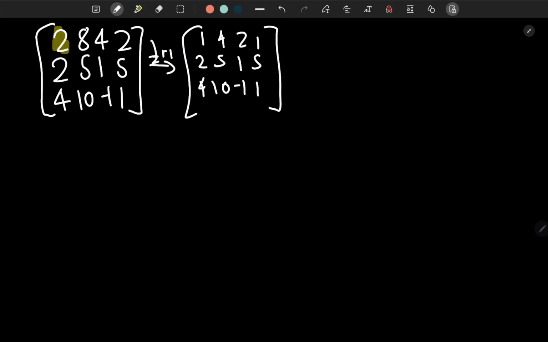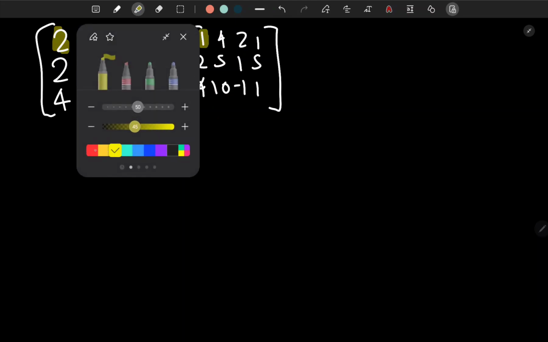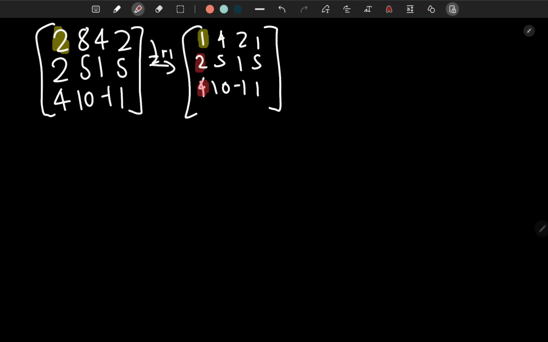Now let's get rid of these digits below these pivots, which are 2 and 4. So the operations are going to be minus 2R1 plus R2, and then minus 4R1 plus R3.